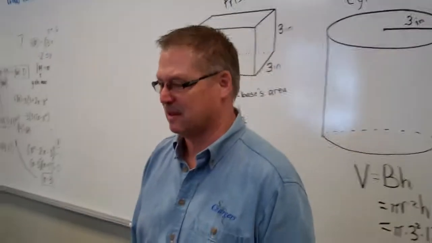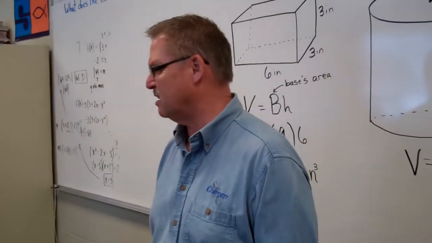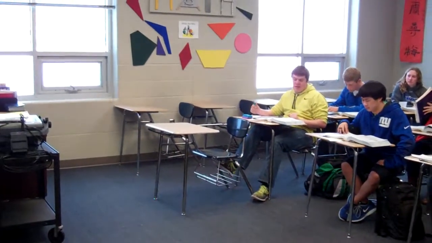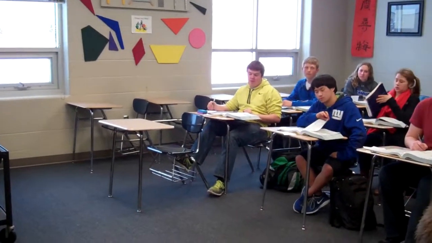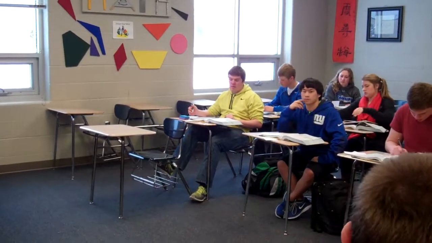A composite space figure, you guys know anything about the word composite? What do you think a composite space figure is? Guys, don't make this a joke. Riley? Definition of composite space figure: a three-dimensional figure that is a combination of two or more simpler figures. Where'd you get that? Oh, it's right here. Three-dimensional.